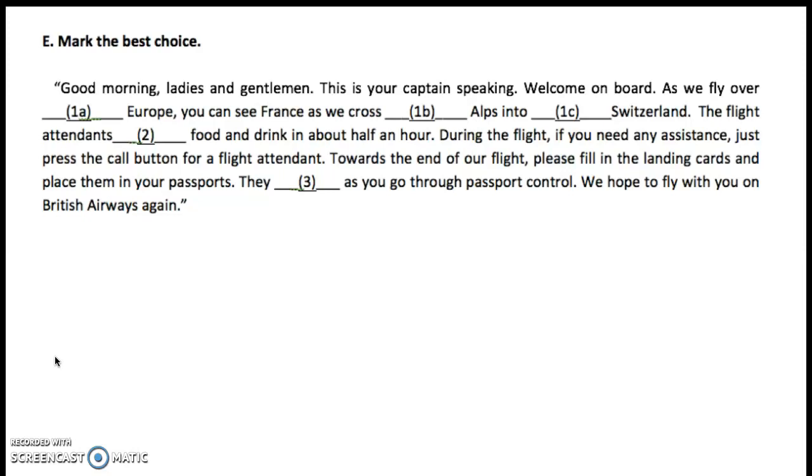So there is no need to mention him. And since the flight is still taking place, the passengers haven't passed the passport control yet. They will do so in the future, so will be collected is the answer.